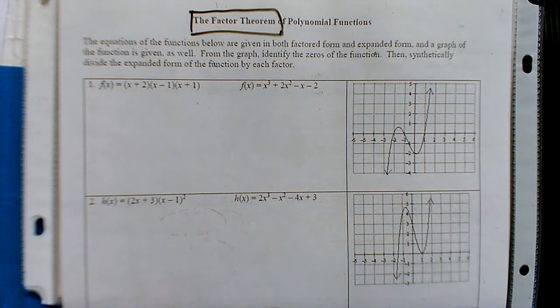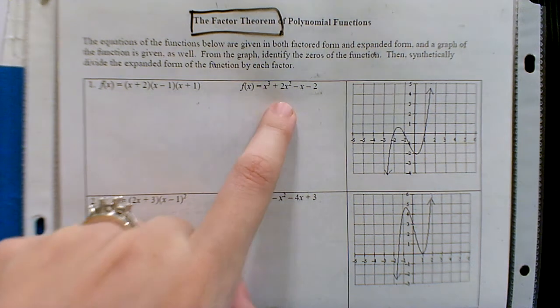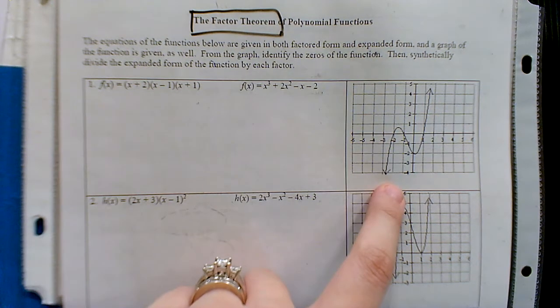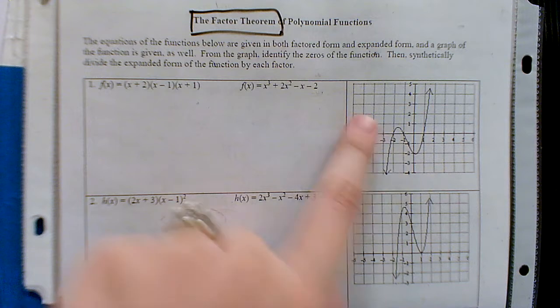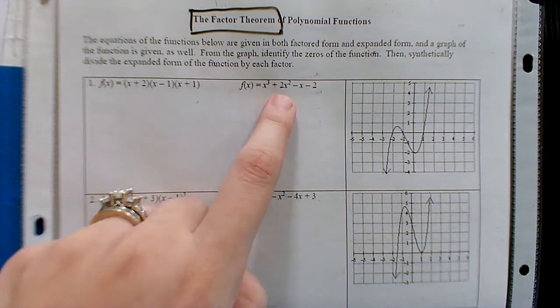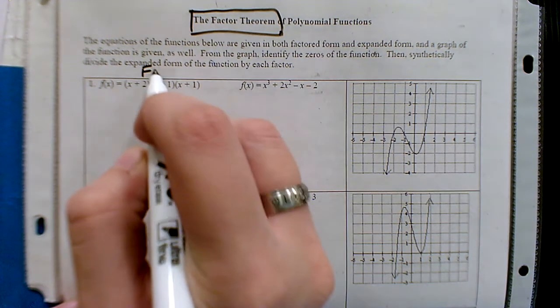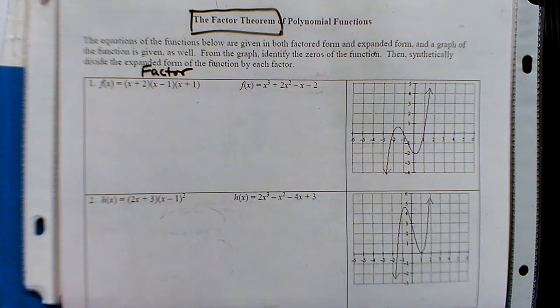So we're going to take a look at some connections here between a factored equation, a standard form equation, and what the graph looks like. All three of these representations are the same idea. This factored form and standard form are the exact same equation, they just look different. Factored form is when you have your little groupings all being multiplied together.